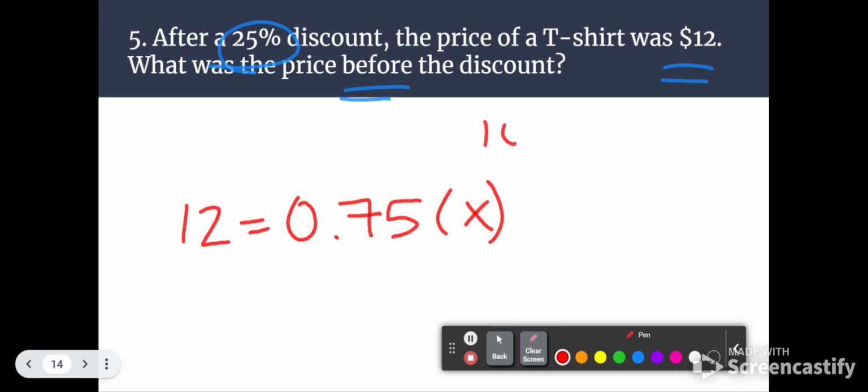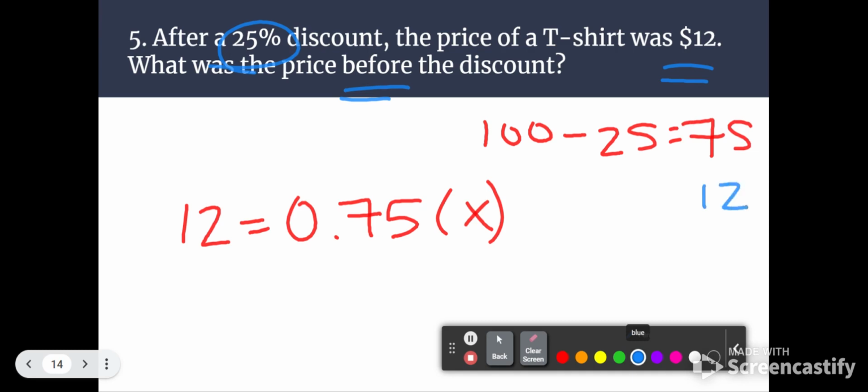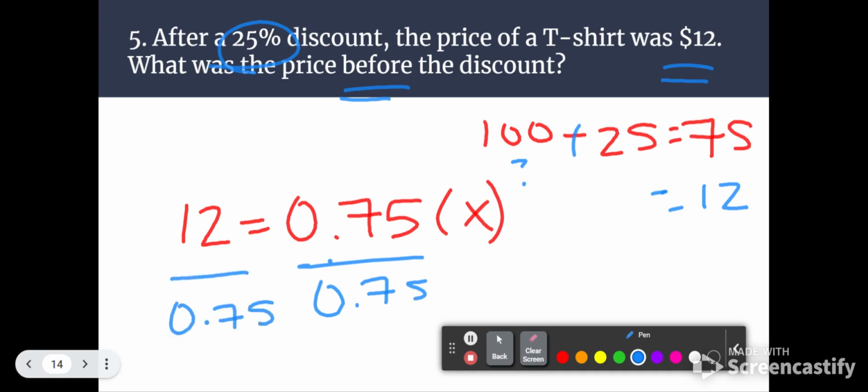Because if I have my original price minus my discount, that's what I paid. I paid $12. My original price was something we don't know, and my discount was that 25%. So I'm going to divide. I get x equals 15. So 15 is my original price. My discount is $3. I paid $12.